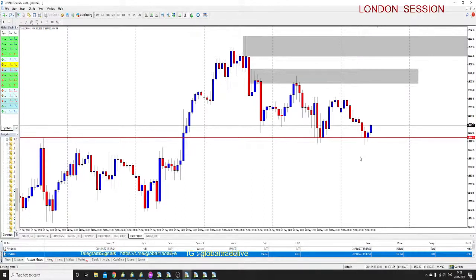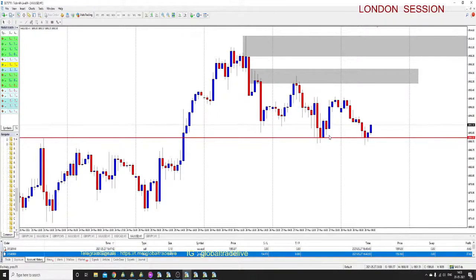If you know about Uncle Ted, I am sure many people know about Uncle Ted, then this is part of his strategy, which I am telling you right now. If you have seen his videos, you will get to know how he trades. By this method, we will be getting more accuracy in our trading, and this will help us a lot.